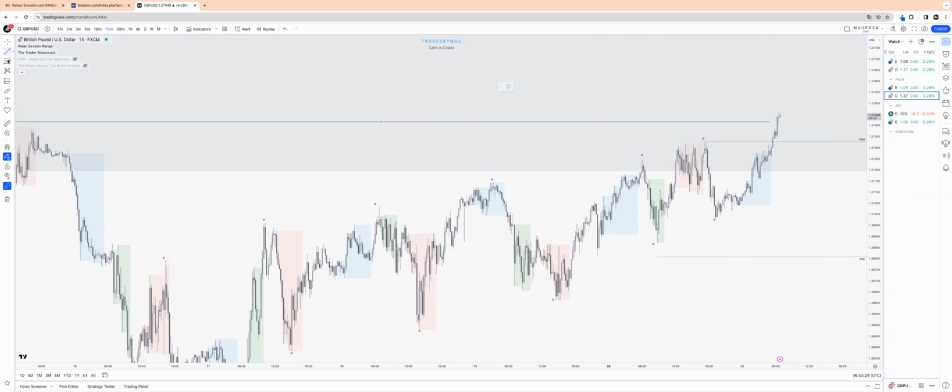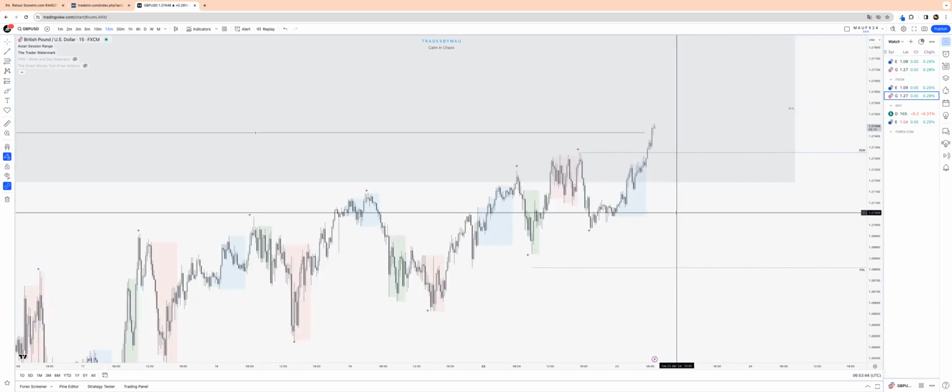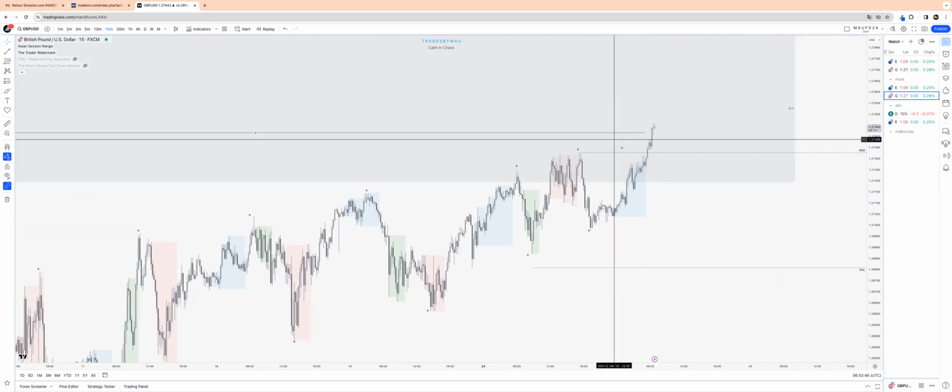I think we had a big break here. Yeah. Bearish break, bullish break. No liquidity in there. Some liquidity in here. Some liquidity in there. Yeah, so GU above Asia highs, above previous daily highs.